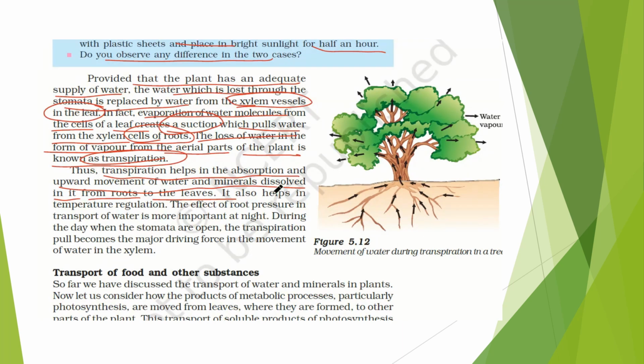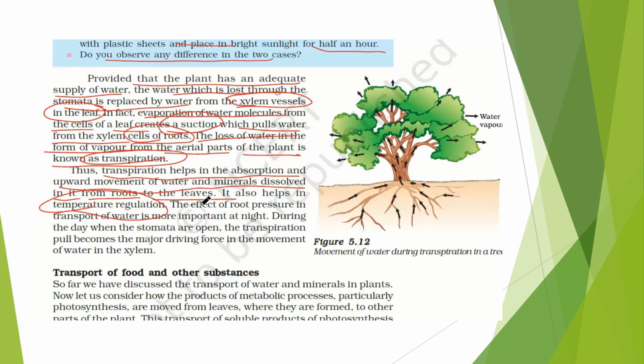This is the function of transpiration. It also helps in the temperature regulation of the plant. As when we sweat, our body temperature is regulated by evaporation and our body gets cool, the same thing is happening in plants. They also regulate their body temperature with the help of transpiration.